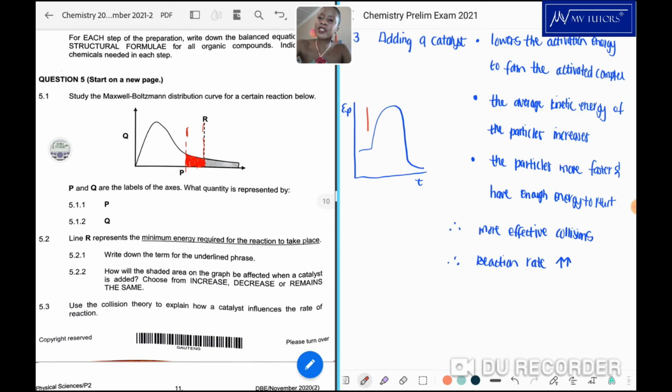This is your activation energy, and what a catalyst does is lower it, so you don't need that much energy for the reaction to occur. But here at the peak, at the turning point, that is the activated complex.